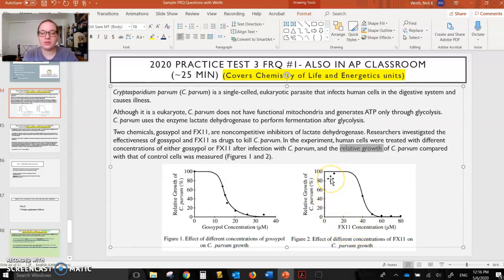And relative growth means that there is another group that we are comparing against. So at the beginning with 0 concentration, 100% growth without the chemical, 100% growth with the chemical because there's none added yet, right? But as you up the concentration, you're getting less and less growth here. And that's why this graph is going down.